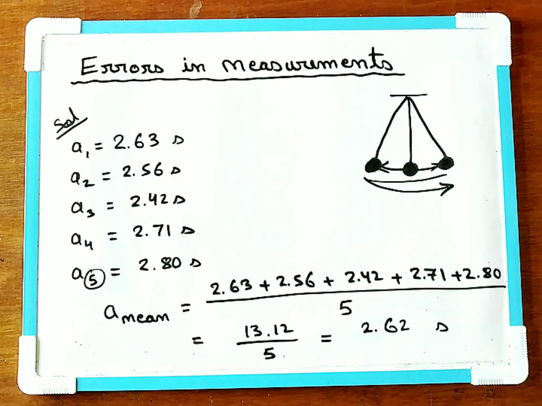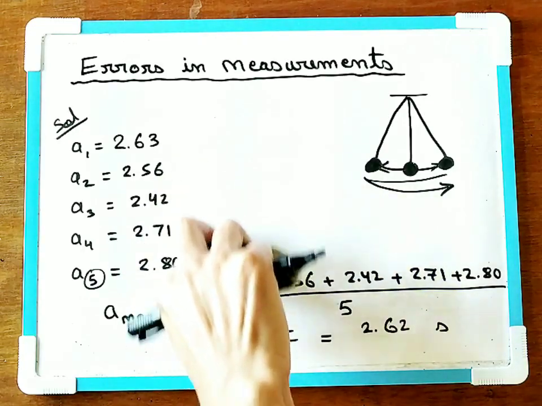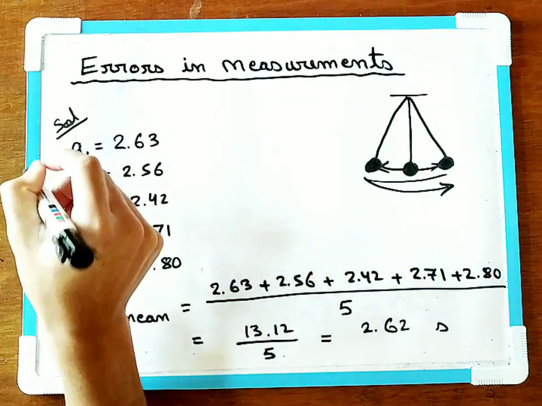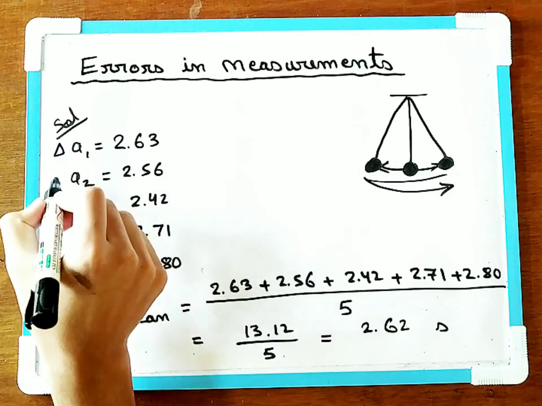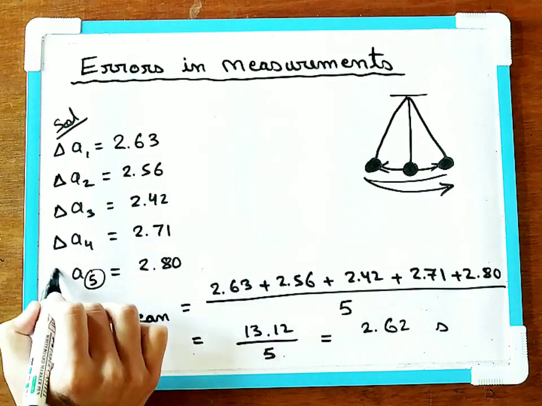So we have found out the true value. What's the next step? We take the difference. To find the absolute error, you'll have to take the difference of all these with the true value. So delta A1, delta A2, delta A3, delta A4, and delta A5.